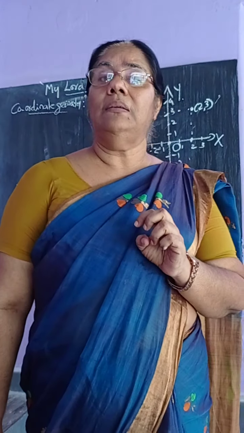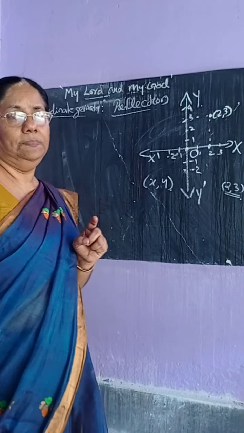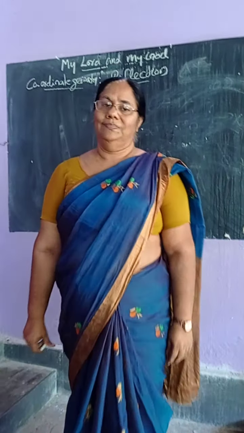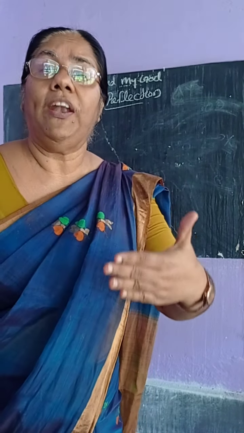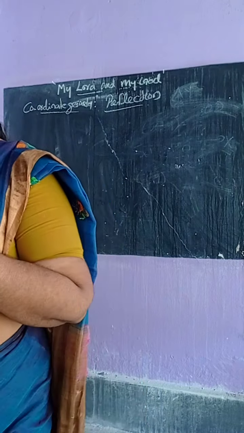Now here the chapter is reflection. Listen, what is a reflection? When an object is placed in front of a mirror, then its image is formed at the same distance behind the mirror.